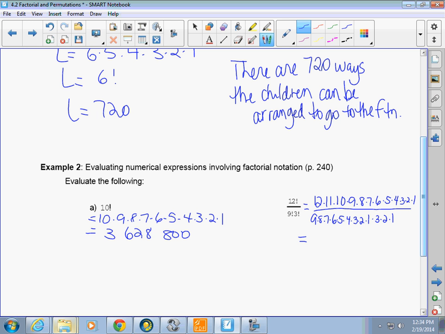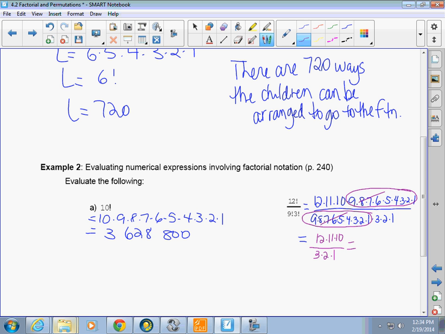I wrote it all out, but if I take a look at this, 987654321 is exactly the same as this. So really, those two can cancel each other out. So what I'm left with then is 12 times 11 times 10 over 3 times 2 times 1.